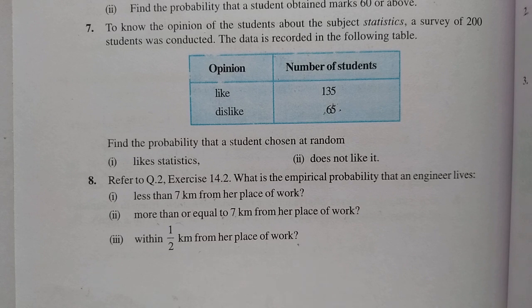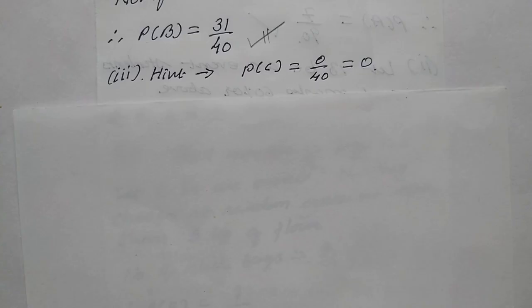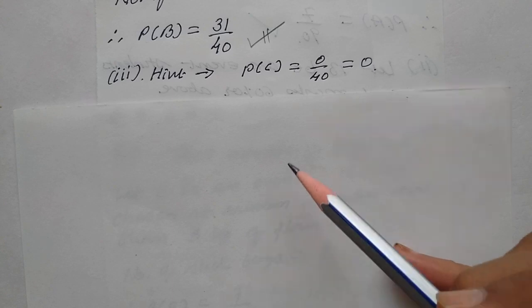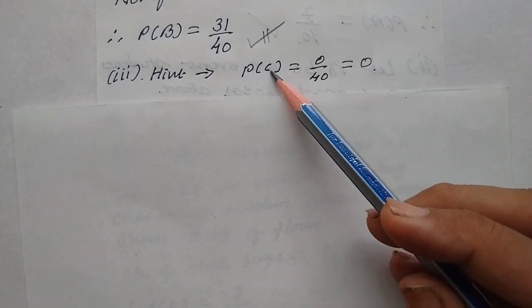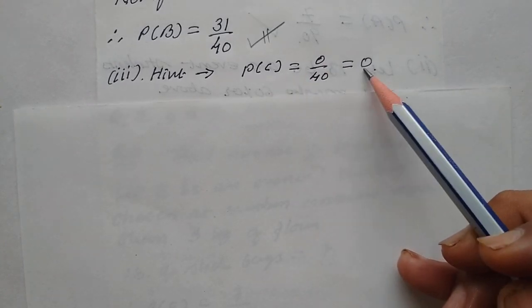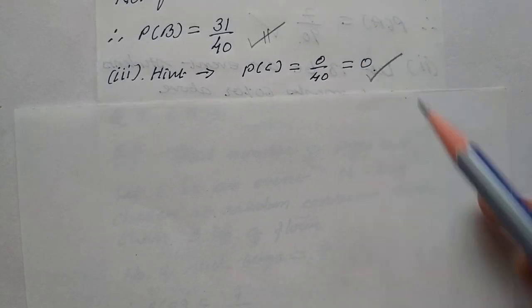Therefore 0 upon 40, the answer is 0. So I am giving you the hint: P of C equals 0 by 40, the answer is 0, children. Statements you write.